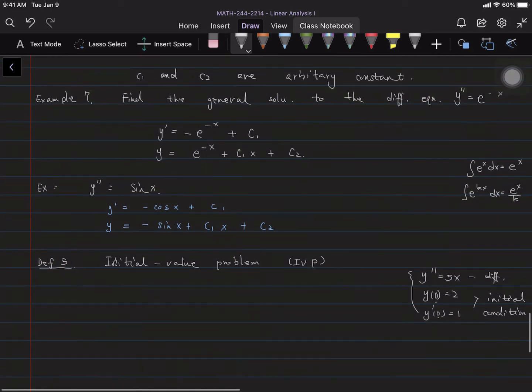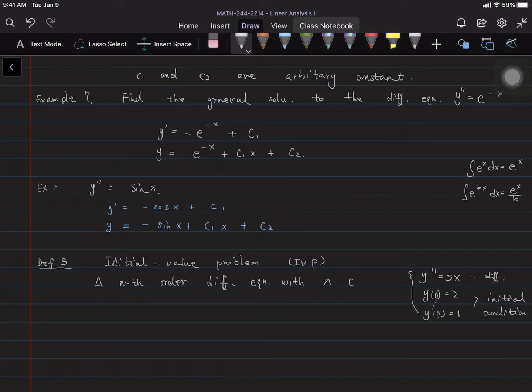Let me give the real, general definition. So we have an nth order differential equation together with n conditions. So if second order, we need 2 conditions. If we have third order, we need 3 conditions.